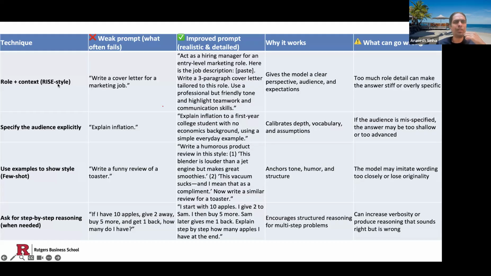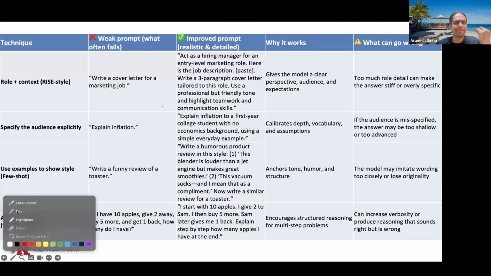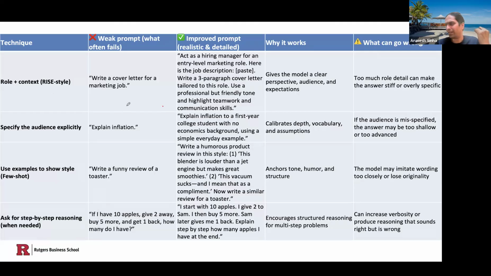But what this is roughly saying is that if you are, for example, asking for a cover letter to be generated for a marketing job, if you write something like this, it is quite vague. This is the weak prompt.